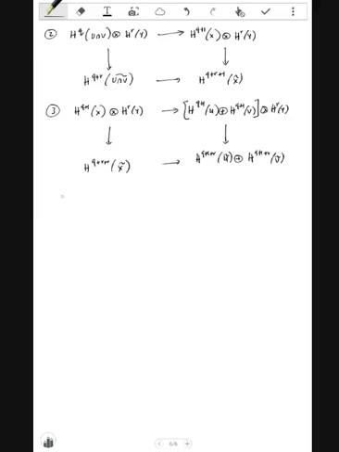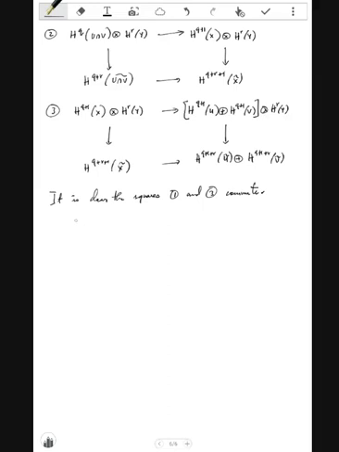So it is clear that squares 1 and 3 commute. So the only check required is for square 2.